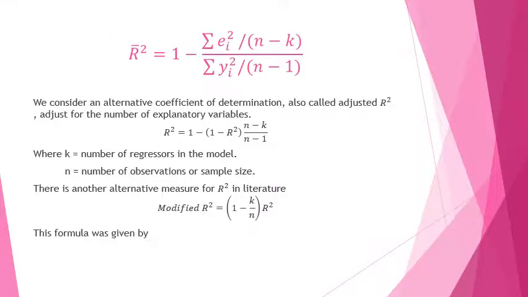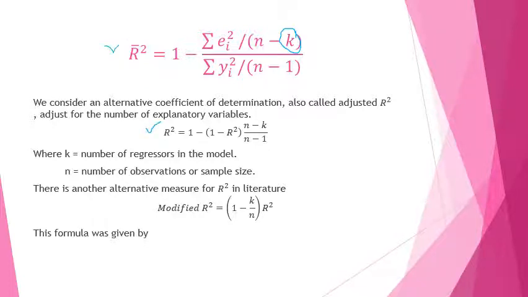Next slide. Now here you can see that there are k independent variables, the number of regressors in the model. We consider an alternative coefficient of determination, also called adjusted R square. This is the alternative formula for adjusted R square.